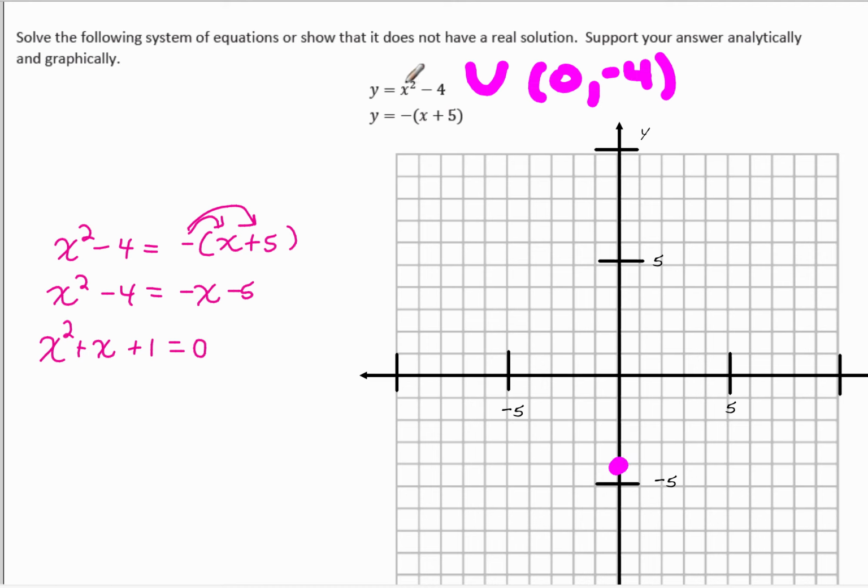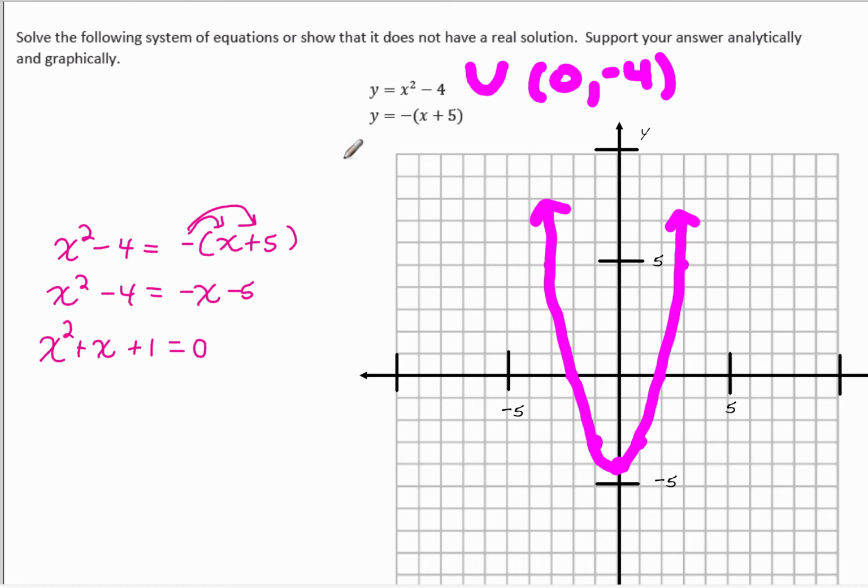Let's put 1 in. 1 squared minus 4 is negative 3. So it's got a mirror on the other side. Put 2 in. 2 squared is 4, 4 minus 4 is 0. So there are my roots. Let's put 3 in. 3 squared is 9, 9 minus 4 is 5. And then there is my mirror image. And voila, there is my parabola.